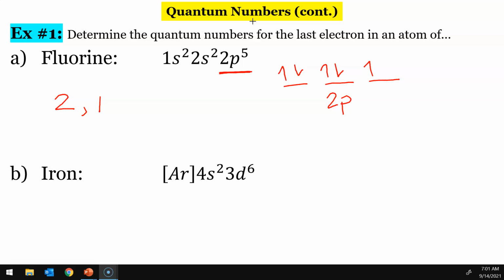So for this third number, we're going to number our orbitals from negative 1 to positive 1, and there will be a 0 in between there. Since this last electron falls in that 0, our third quantum number will be 0. That electron is spinning down, so it's going to have a spin of negative 1/2.